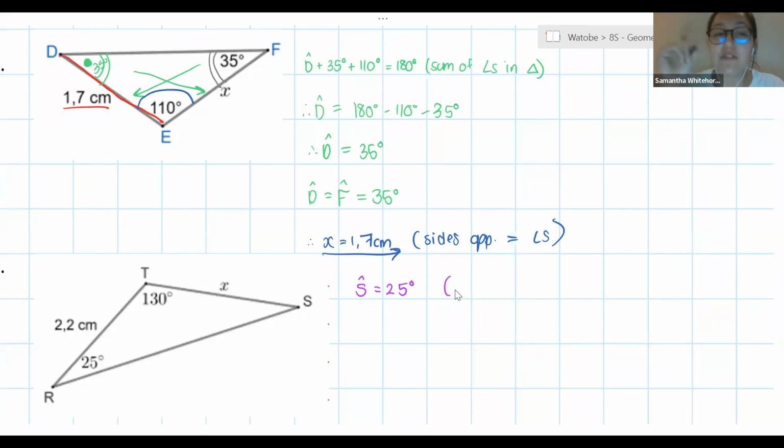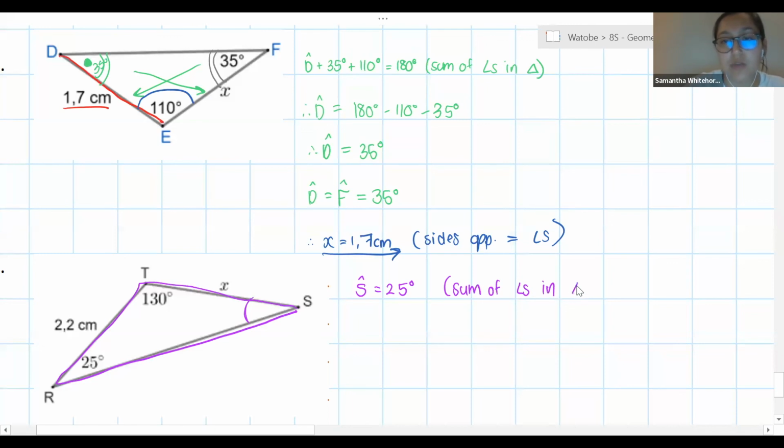Okay, so we're eventually going to use that reason to get X, but in order for me to find this angle S here, I'm actually going to use sum of angles in a triangle because I've got the other two. So my reason here would be sum of angles in triangle. Okay, cool. So what is X equal to if this is 25? X is equal to 2,2 centimeters. Perfect. And that is now where we use our sides opposite equal angles.